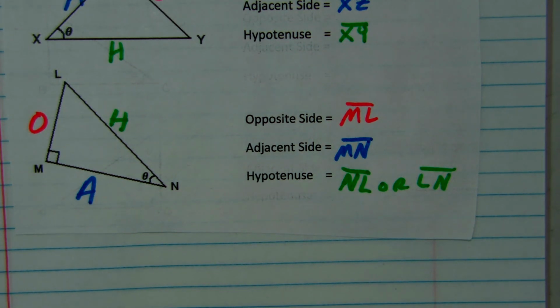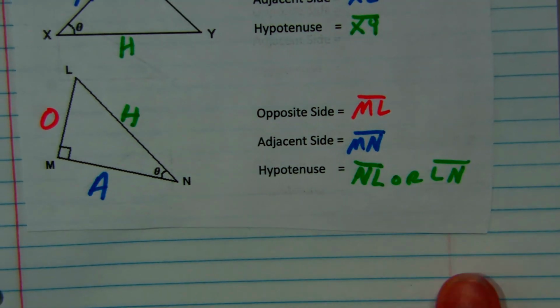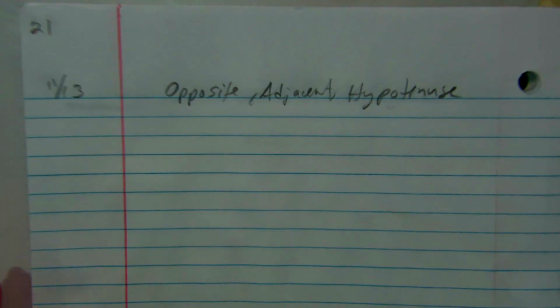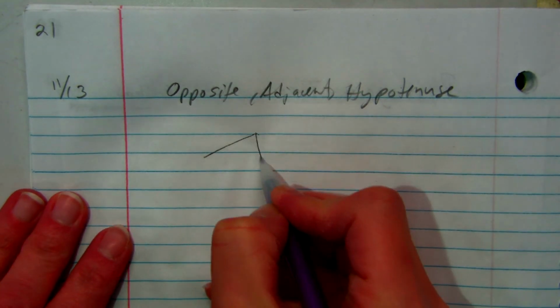Okay. I think that's the quickest one. Yeah, it's pretty fast. So let's do a practice problem. Grab your pencil, and we're actually going to draw this example. I'm just going to do one. So let me think about how I want to do that. I'm going to make my right angle kind of like this.